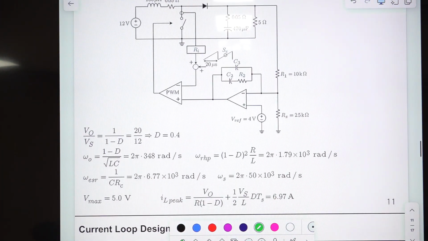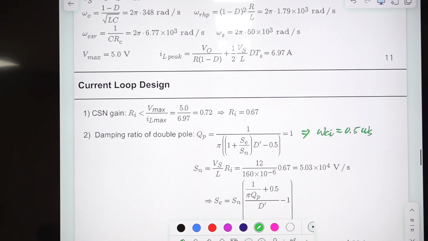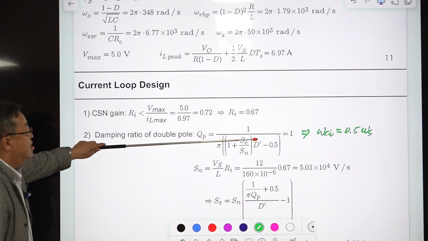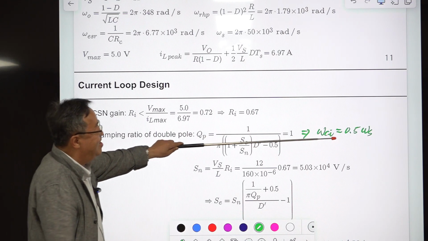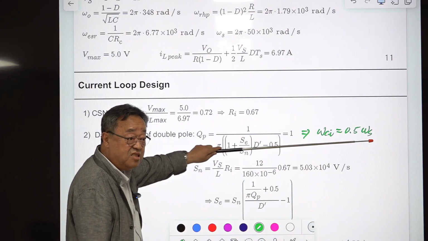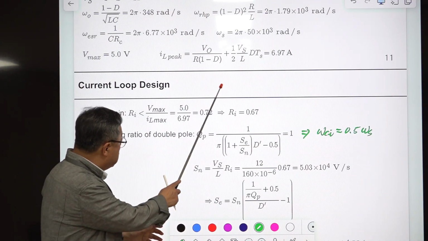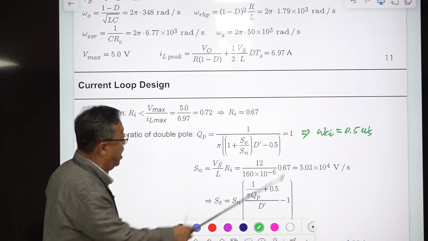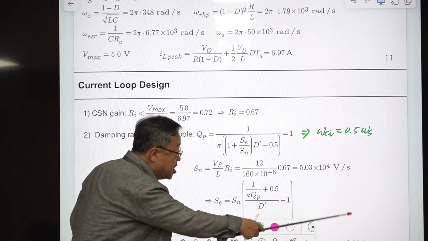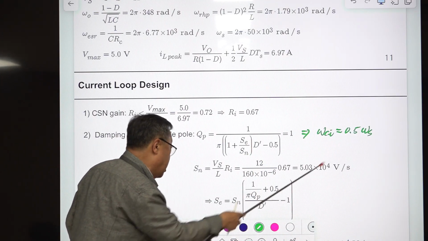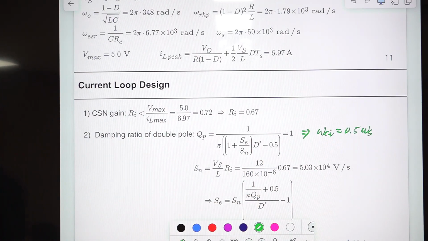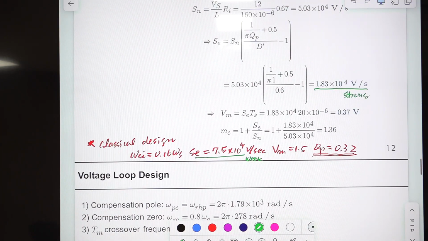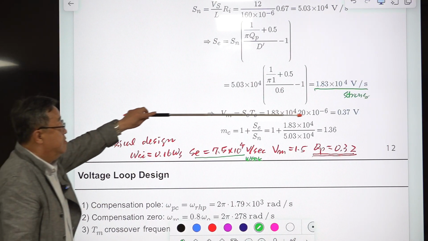Okay, and this is a boost converter example. Everything remains the same. It went through this. Again we select this. This is the same as selecting this in the classical analysis, and you follow this in the new approach, and you follow the classical approach. The steps are different, but the result should be the same. Okay, and you come up with this result.